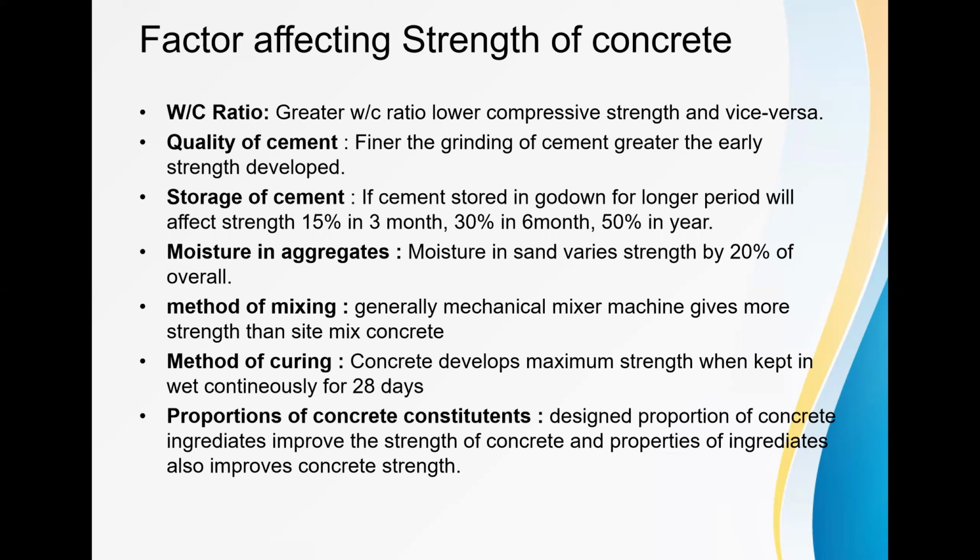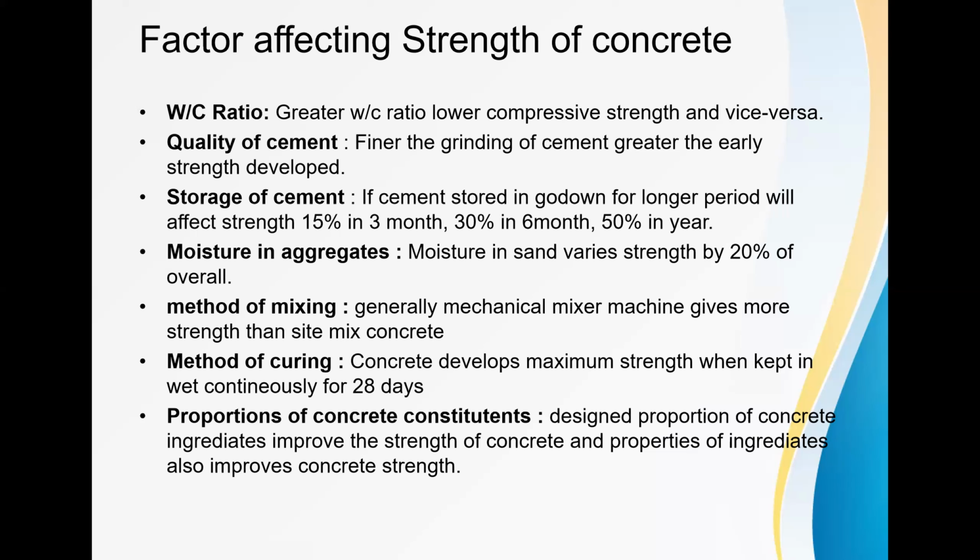Next is the storage of cement, which plays a vital role in the strength of concrete. If cement has been stored in a godown for a longer period, it will reduce the strength by 15% in 3 months, 30% in 6 months, and 50% in a year. Next is the moisture in aggregate. The moisture in sand varies the strength by 20% overall.